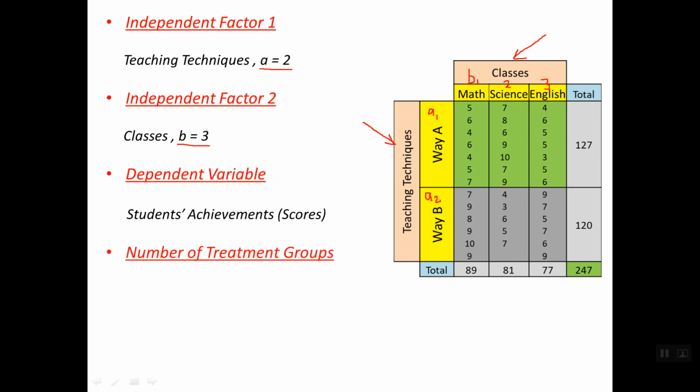Number of treatment groups. We have simply 2 levels for the first factor and the 3 levels for the second factor. So simply we can multiply both levels. So we get number of treatment groups, A times B, which is 2 times 3. So we have 6 treatment groups.